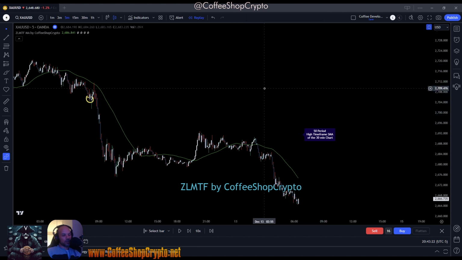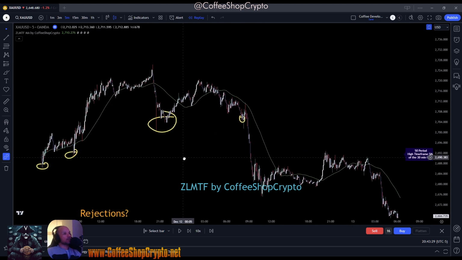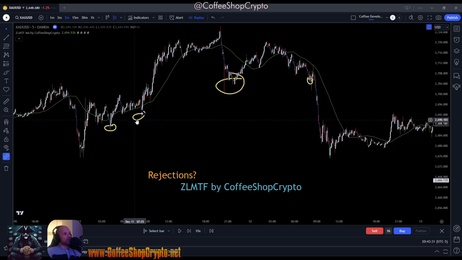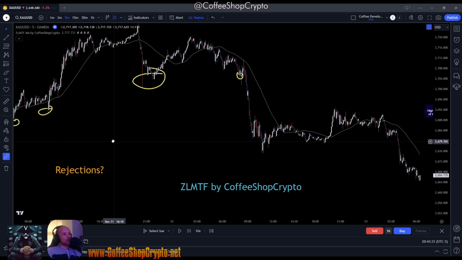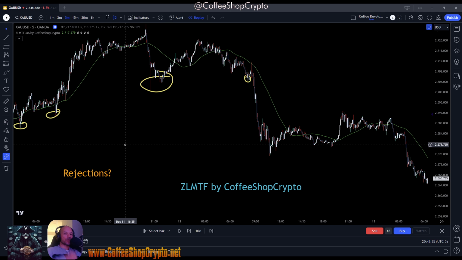So now, what's the benefit of having access to two moving averages at the same time? Well, let's take a look. For example, why do you have rejections here? Also, if you're trading and you're using moving averages as support and resistance, then you also want to know what direction they're moving in, right?